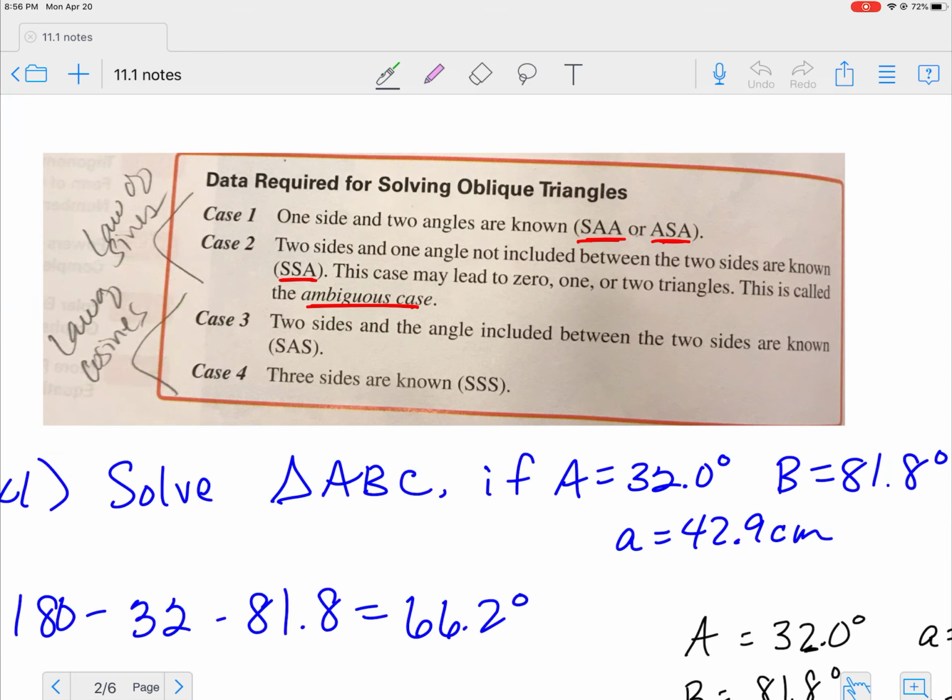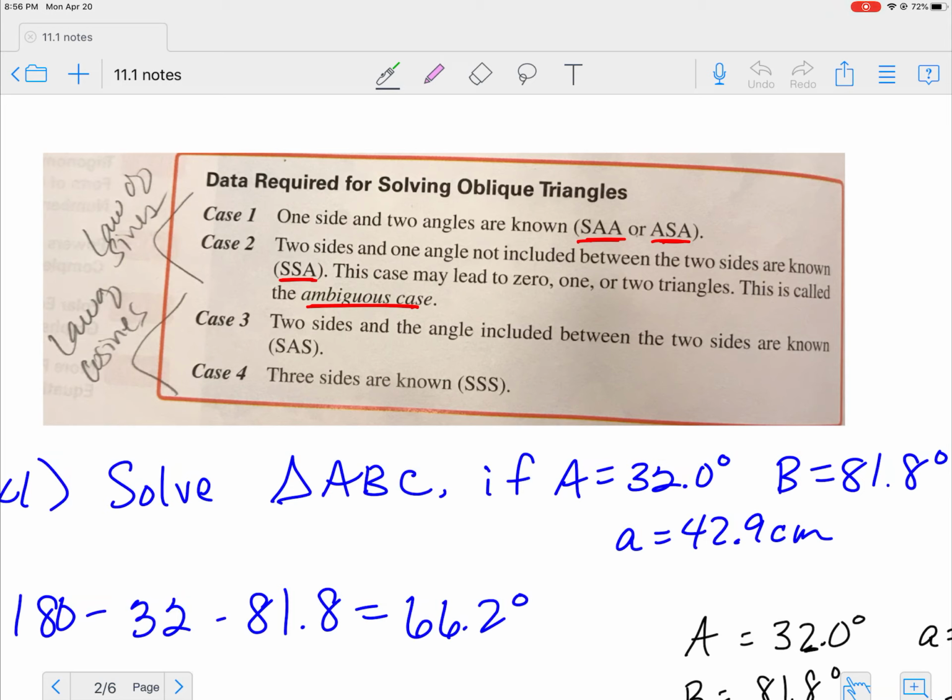All right. So my first case, I can either have one side and 2 angles, where I have side, angle, angle. So I have 2 angles in some capacity, either together or apart with a side in the middle, angle, side, angle. All right. So that is my setup here. Or I can have 2 sides and 1 angle, but the 2 sides have to be together, and then my 1 angle is outside of that.